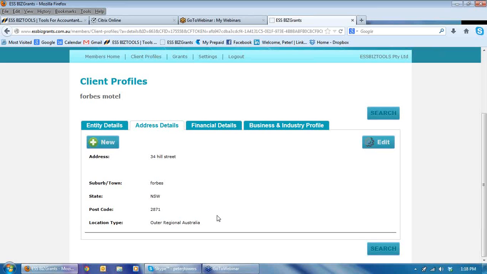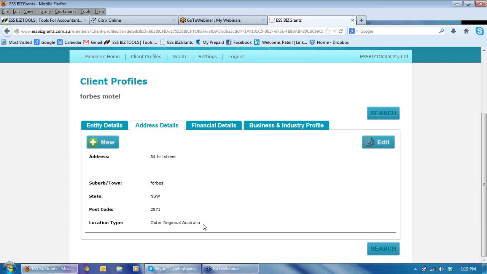So it's something to bear in mind if you have clients in outer regional areas, and obviously the location is not the location of the accounting firm, it's the location of your client. And these days accountants seem to have clients all over Australia, and you could well have some in an outer regional area. And this is what I meant at the beginning when I said clients that can look very similar.